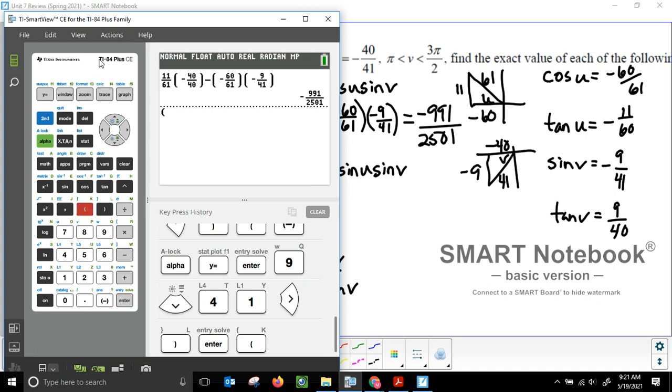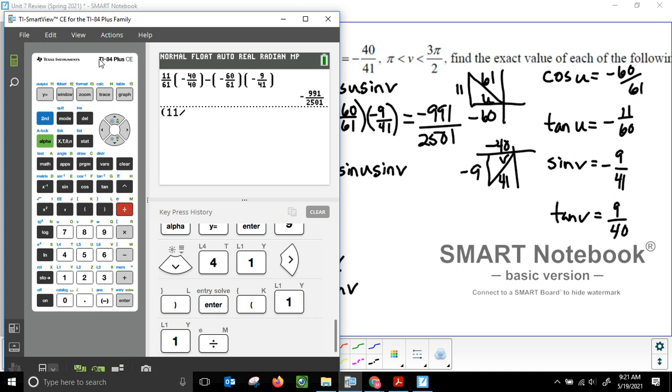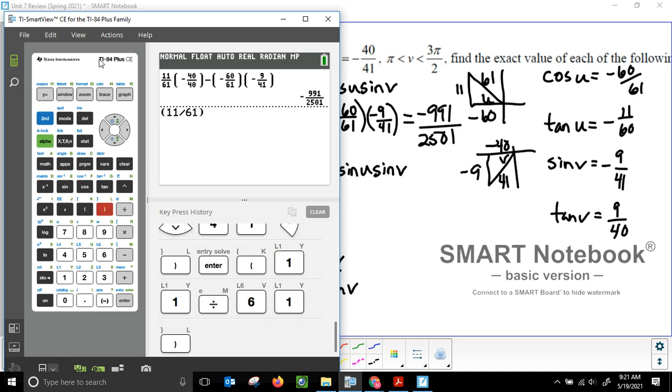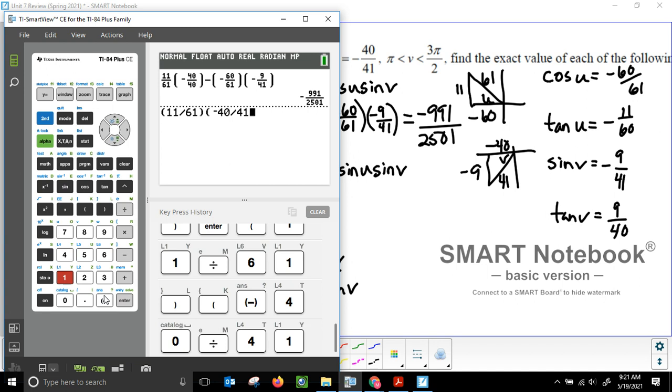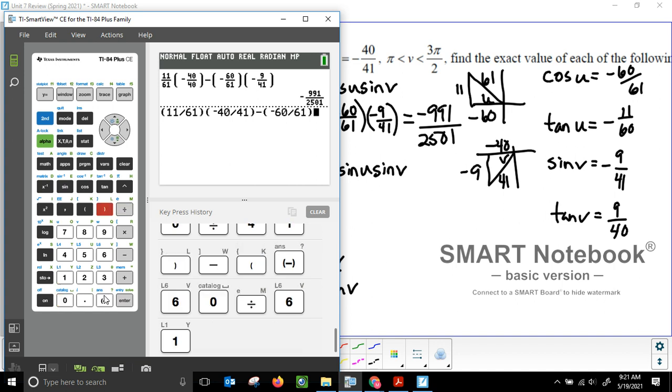Now, if you want to be faster about it, you could absolutely say 11 divided by 61 times negative 40 over 41 minus negative 60 over 61 times negative 9 over 41.